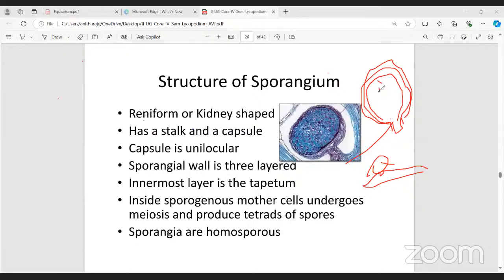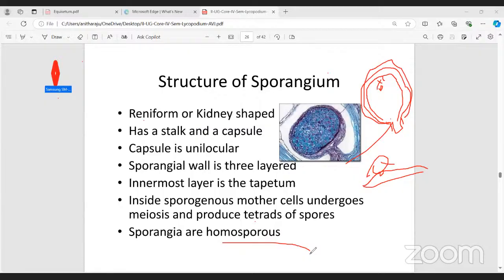What is the function of tapetum? Tapetum always gives nutrition to the developing spores. So this inner one is the tapetum, and inside the tapetum is the sporogenous tissue. The spore mother cell undergoes meiosis and produces tetrads and spores, the homospores. First remember the function of tapetum.